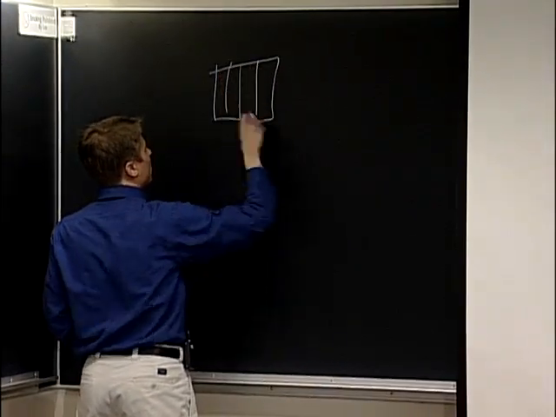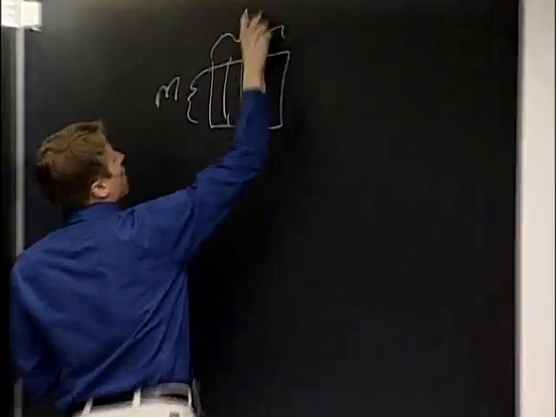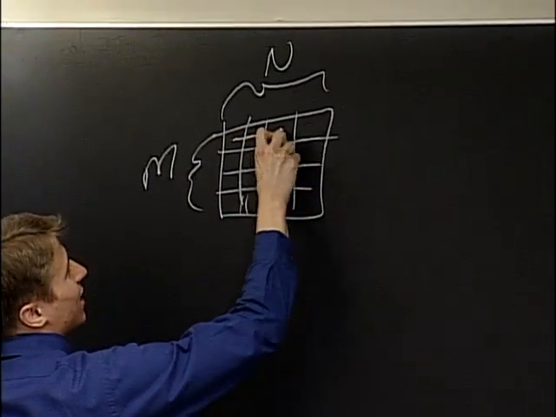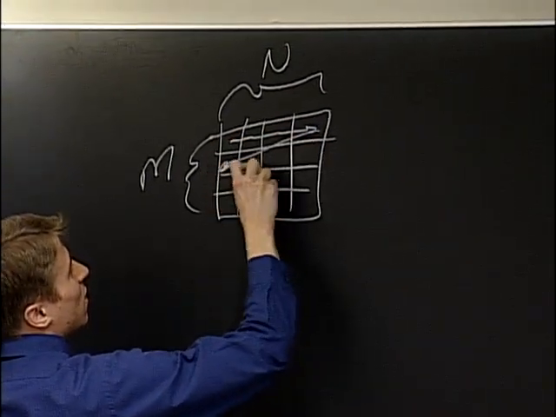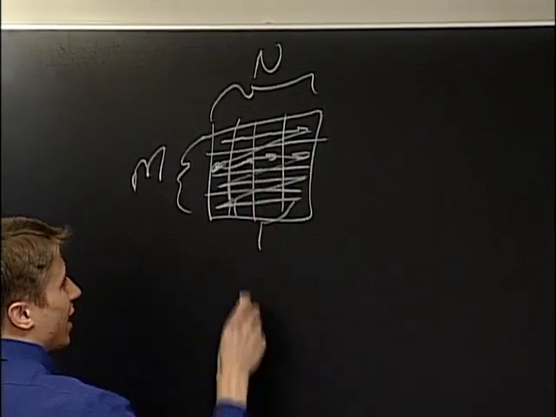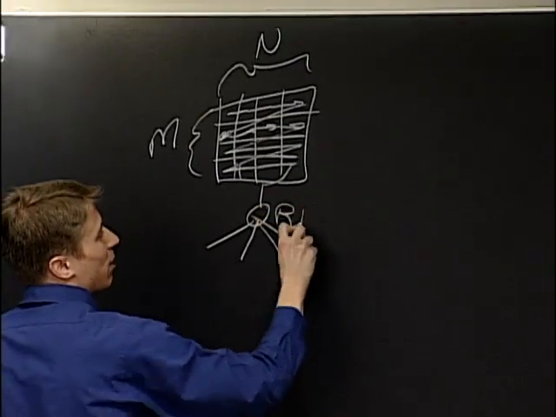Here's what we had. We had m rows, n columns. We started with an interleaving like this. Right, and we want to go into a split join. And this will be a round robin construct.